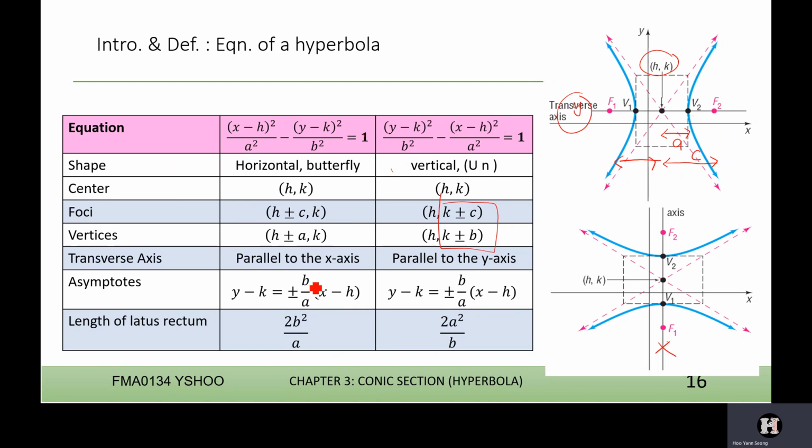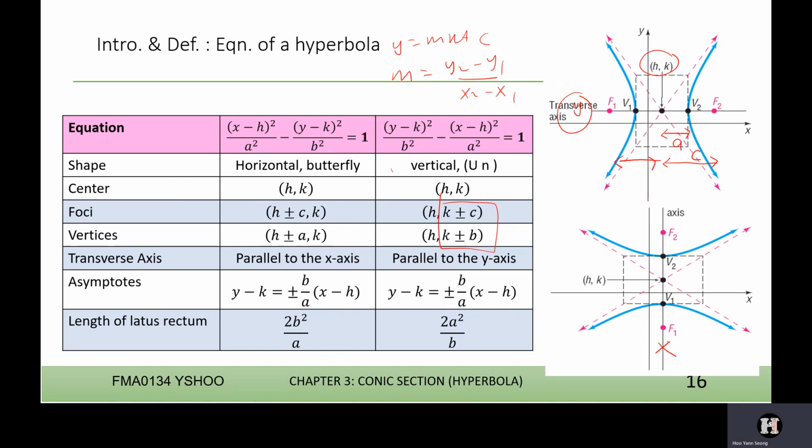If you use other formulas, please notice whether it is b over a or a over b. One easy way to remember: whenever you have y equals mx plus c, the m is always y2 minus y1 over x2 minus x1, so it is always y over x. So take the value under your y to put at the top, and the value under your x to put at the bottom.